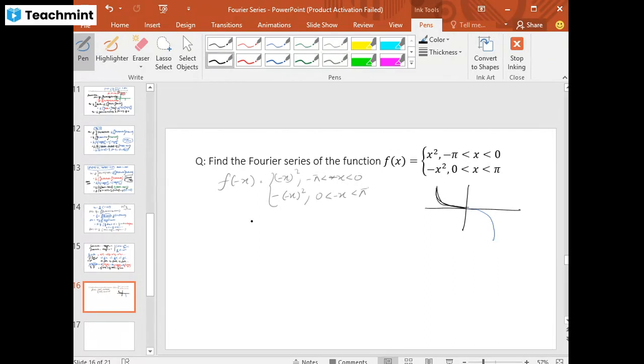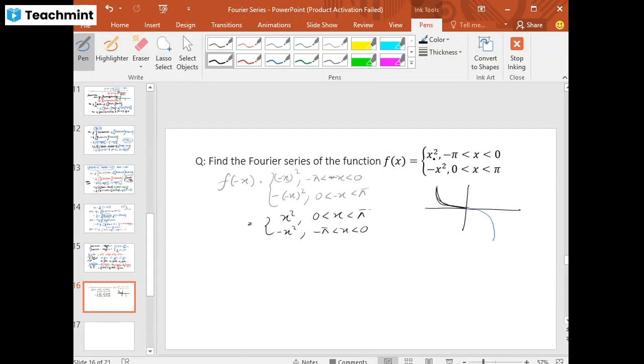So this is equal to x square, but because when we adjust this negative sign, the sign of inequality will change. Your interval will be 0 to pi, and this is minus x square. Again, if I multiply by a minus sign to adjust this negative sign here, your interval changes to minus pi to 0.